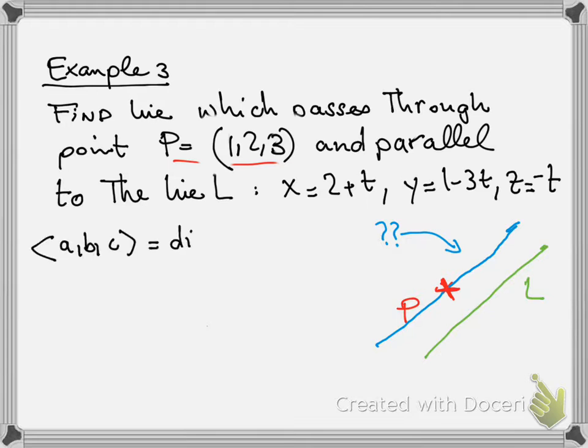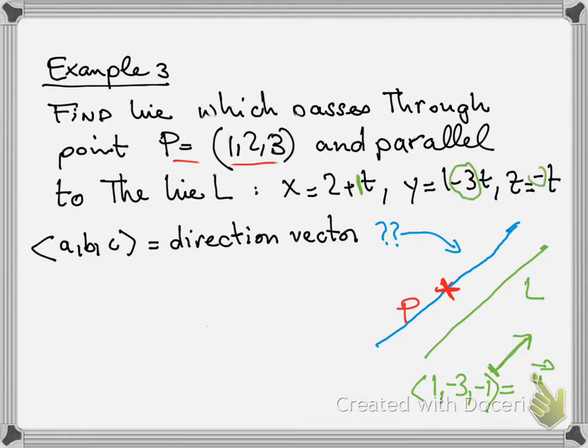So if you take the vector u equal to (1, -3, -1), these are the coefficients of t. Here it's 1t, here it's -3t, and here it's -t, so that's -1.